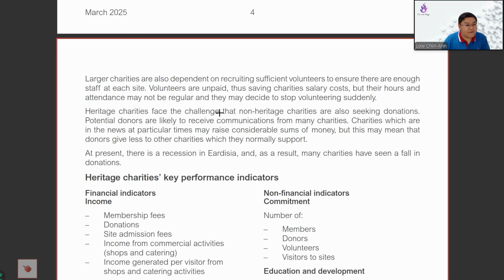Okay, large charities are also dependent on recruiting sufficient volunteers to ensure that they have enough staff at the site. Volunteers are not paid, so it saves charity salary costs, but their hours and attendance may not be regular. And we just spoke about that problem earlier. What if they volunteer but they don't come? They may decide to stop volunteering suddenly.